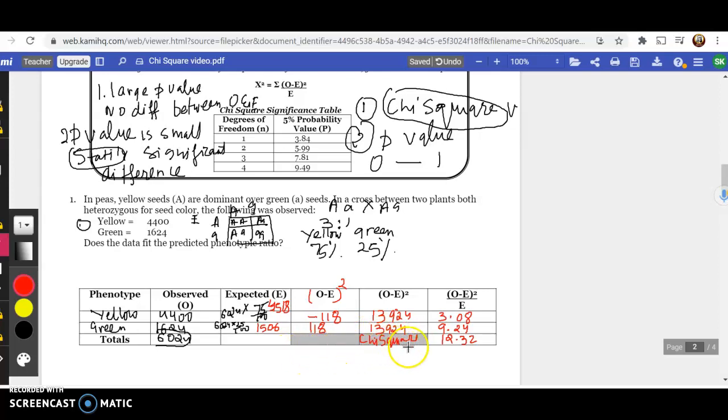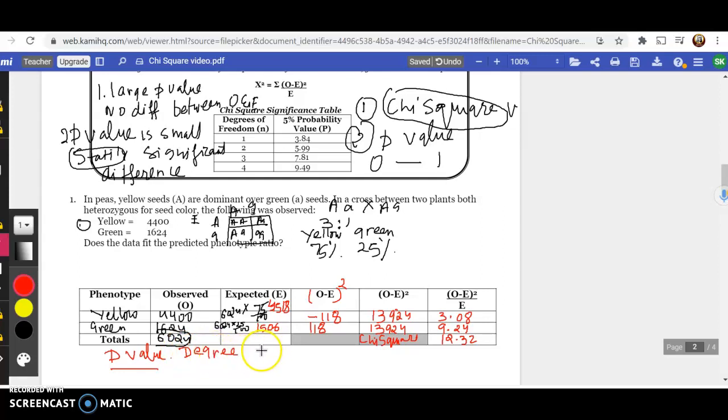Now you need to compare this with the p-value. So how to calculate the p-value? Now, to calculate the p-value, you need to know the degree of freedom.